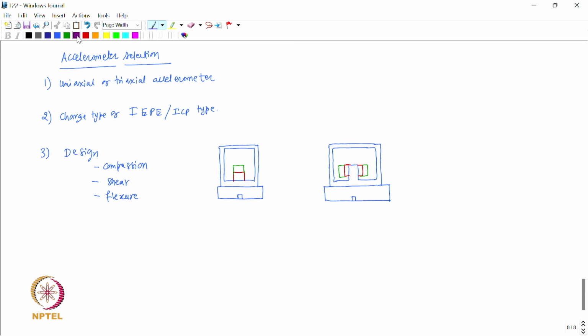Let us say this is the surface on which it is mounted, whose vibration is to be measured. So, both these surfaces are vibrating. Here this is the direction of polarization.